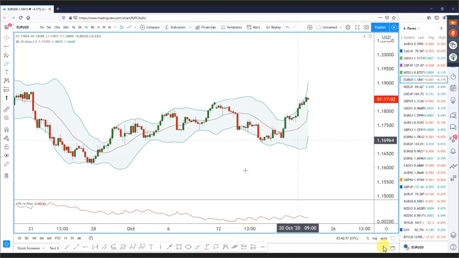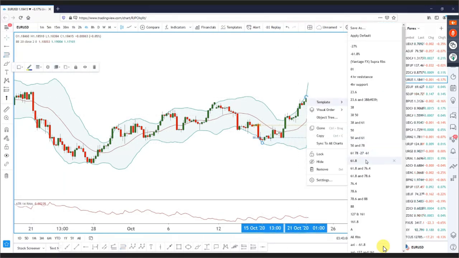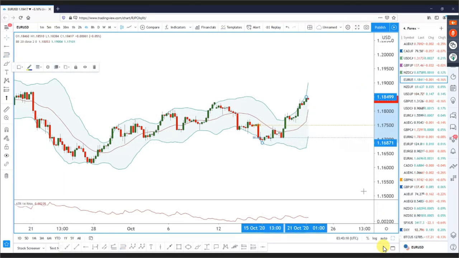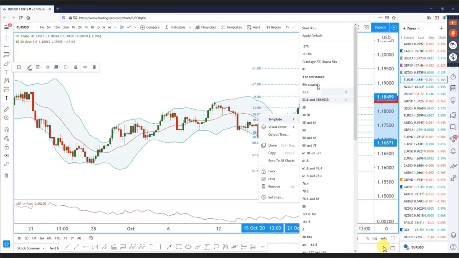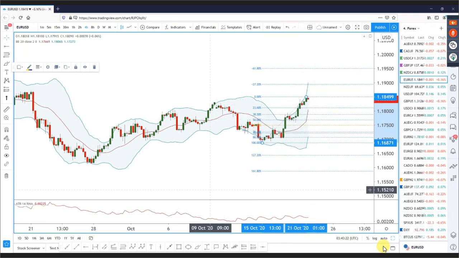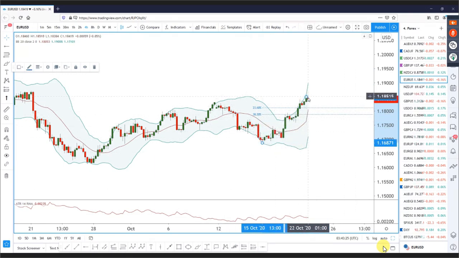So now I'm going to use my Fibonacci. From low to high, open up all Fib levels. Okay, so our middle band is crossing with 23 and 38. So I'll just leave those 2 levels there.